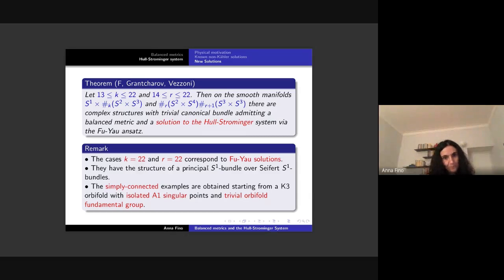And so the natural question is, can we have some balanced solution that gives a solution to the Hull-Strominger system? This we don't know. Of course, the complex structure is different, not considered in this case, but it would be nice to have some more general result for complex manifolds with a free C star action.